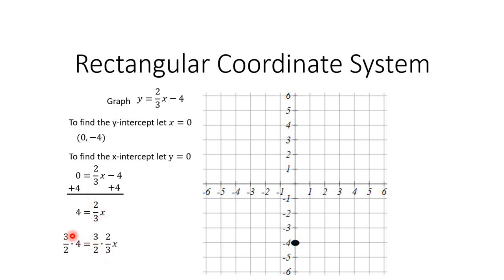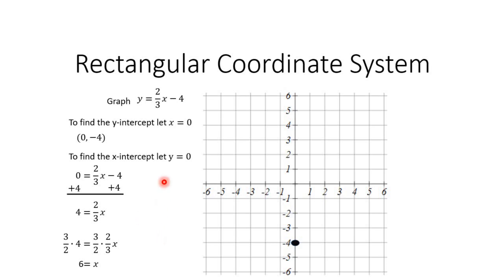So to get rid of this 2/3, I just multiply both sides by 3/2. 3 times 4 gives me 12 over 2. 12 over 2 is 6. And on the other side, 3 times 2 is 6 over 2 times 3 is 6, so 6 over 6 is 1, and this equals x. This means that 6 is equal to x.